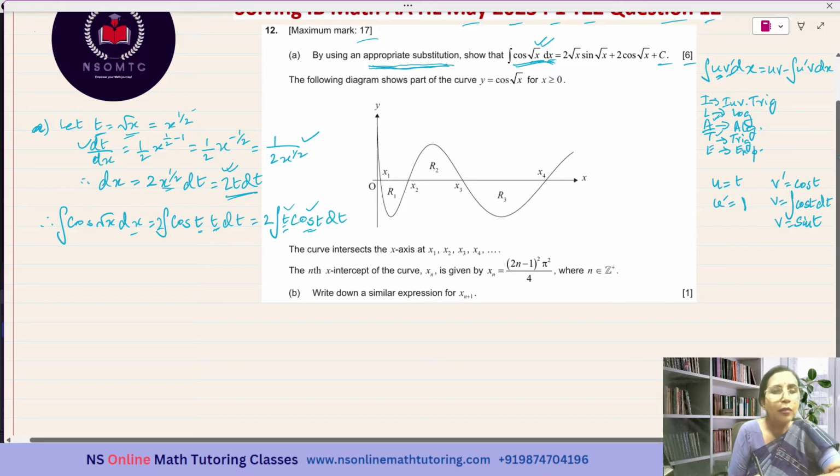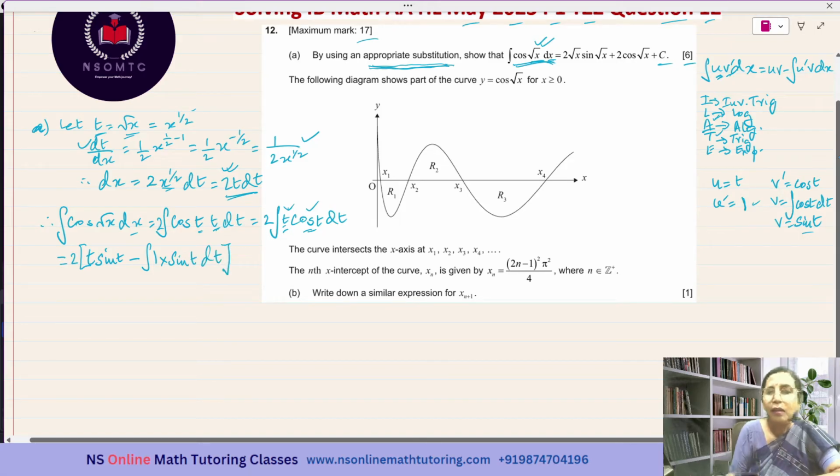So this should be equal to 2 times UV. U is T and V is sin T, minus integral of U dash is 1 times V is sin T dt.